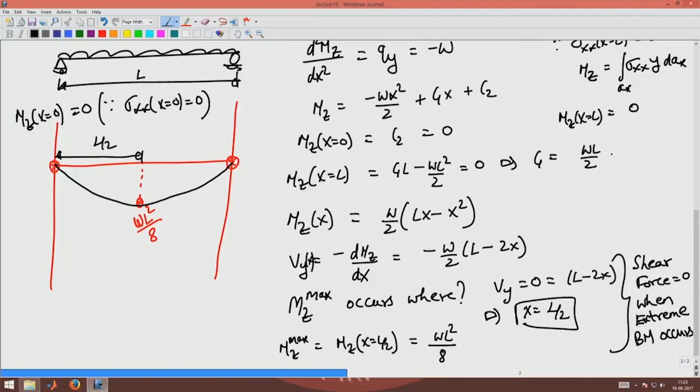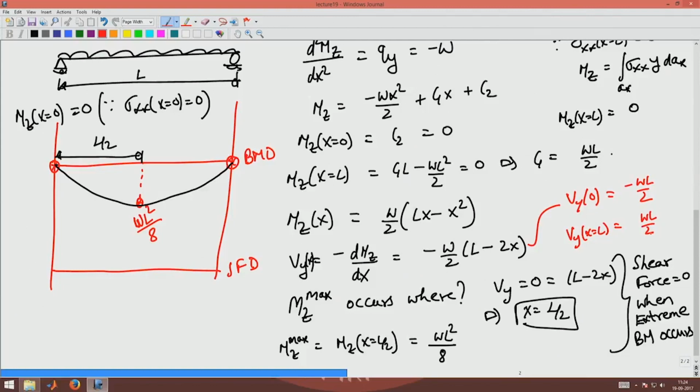Now let us plot the shear force. This is the bending moment diagram. What I am plotting now is the shear force diagram. What happens for the shear force at x equal to 0? From here Vy at 0 is minus WL by 2 and Vy at x equal to L is WL by 2.